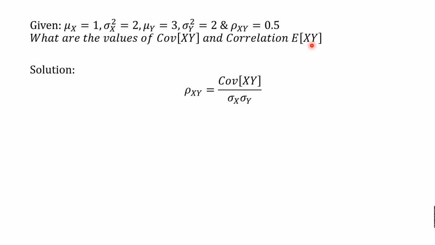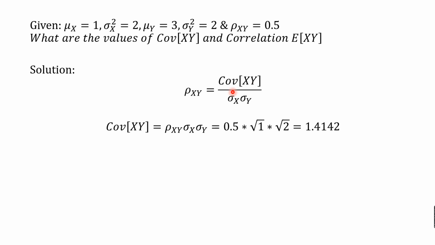Alright, we know this formula, all are given here. The covariance of xy is asked here. So substitute here: covariance of xy equals the correlation coefficient times the standard deviations, but variance is given here. So the square root of variance is the standard deviation that can be calculated here. As a result, the covariance of xy is 1.4142.